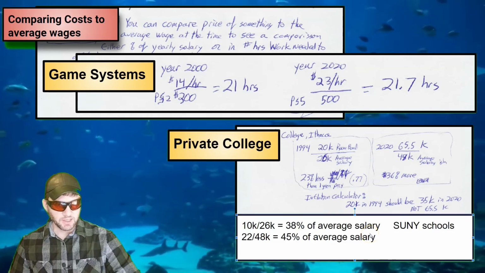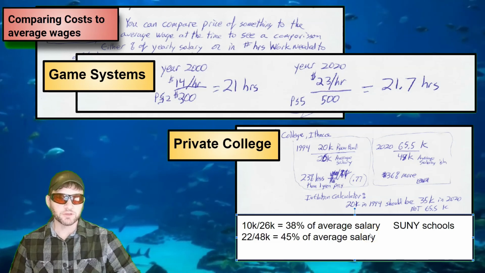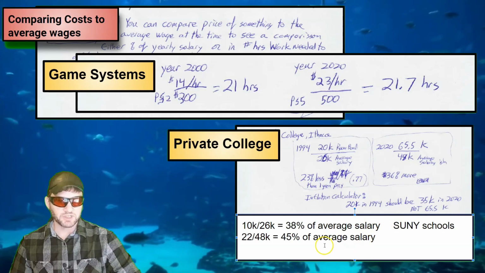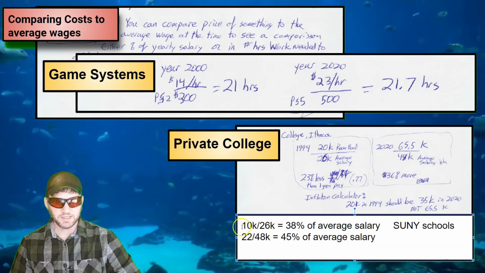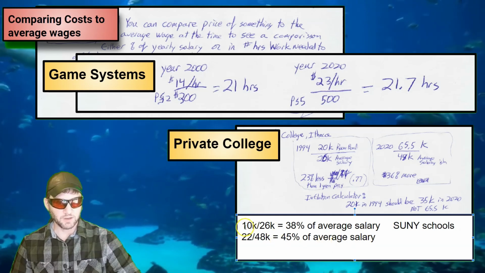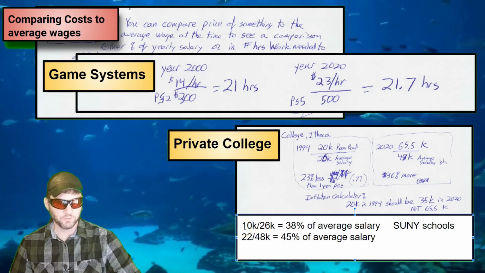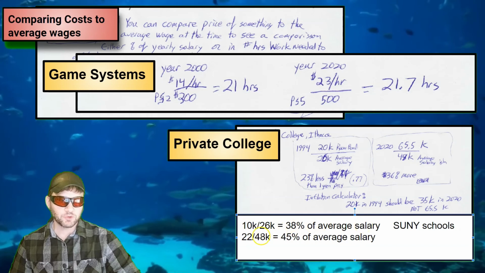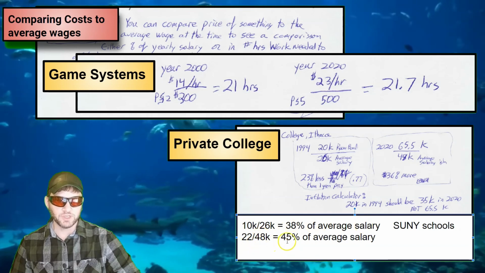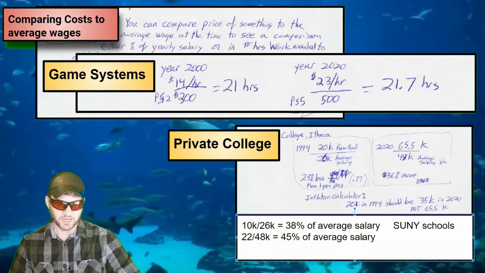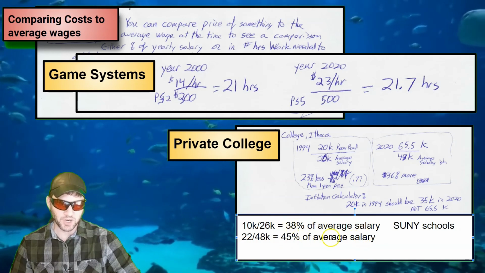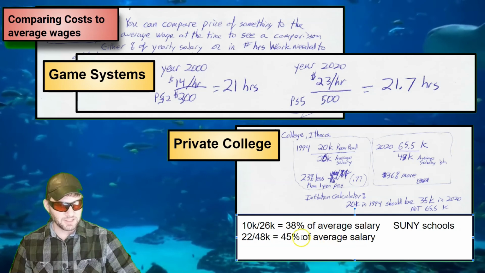Just to be complete, we can do this calculation with the SUNY system, the State University of New York, because I know the prices of that in 1994. In 1994, attending SUNY for 1 year, tuition and room and board, was 38% of an average salary. In 2020, it is 45% of an average salary. So yes, it's gone up, but it seems kind of reasonable.